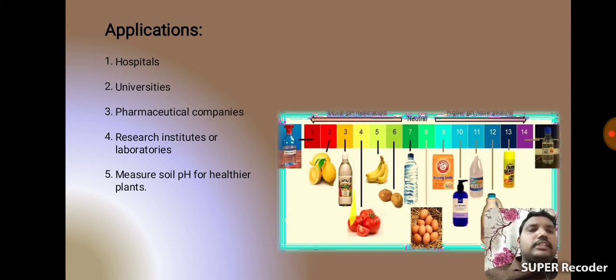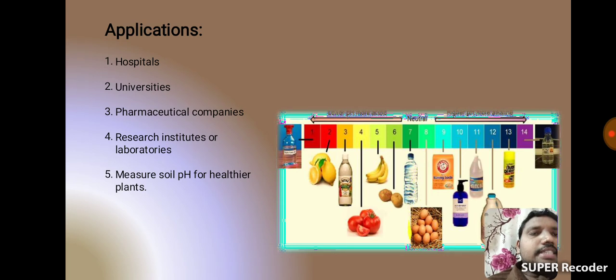Next, cool drinks have a pH value of 3. Next, tomato has a pH value of 4. Banana has a pH value of 5. Next, these are potatoes, with a pH value of 6.